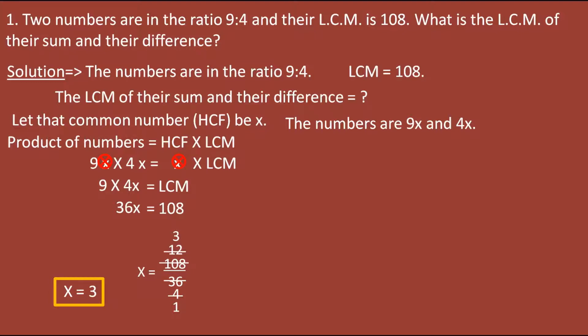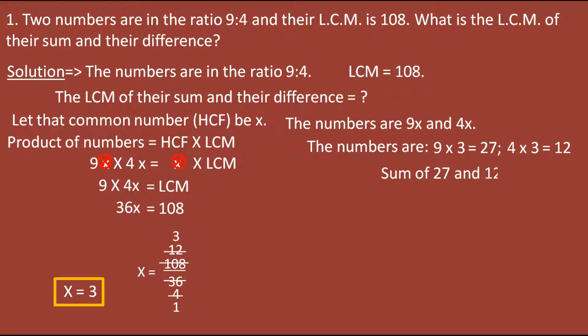The numbers now become 9 into 3, which is 27, and 4 into 3, which is 12. Now we have the two numbers, 27 and 12. But they have asked us to find the LCM of their sum and difference. The sum of 27 and 12 is 39 and the difference of 27 and 12 is 15.